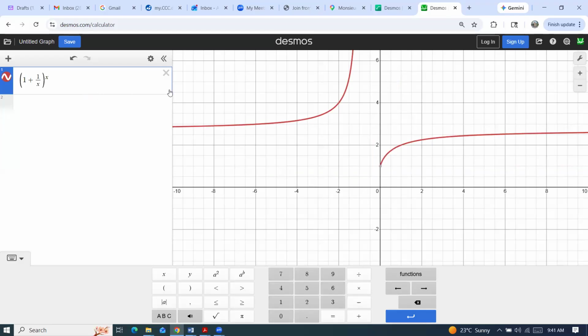Well, what happens to it when x goes to infinity? Whenever you're trying to find a limit, it's always important to know what happens with your variable x. It turns out that when x approaches infinity, the limit of this function is the number e.